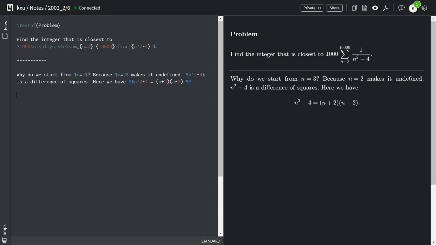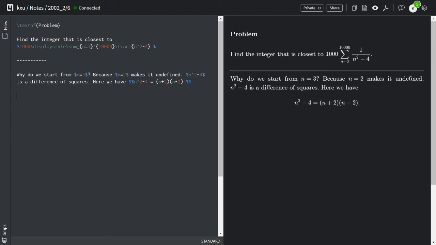Now, I'm not sure how many of you actually know this, but you can factor expressions like 1 over some polynomial in n through the roots. Basically, you're factoring 1 over n squared minus 4 in terms of 1 over n plus 2 and 1 over n minus 2. Now there's a method to do it. It's called the Heaviside cover-up method.